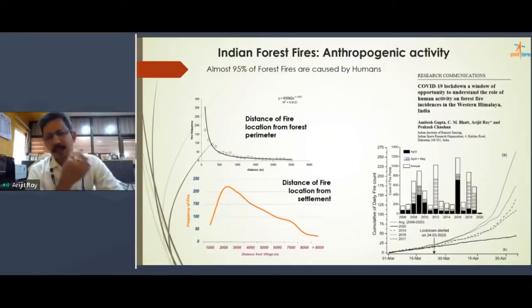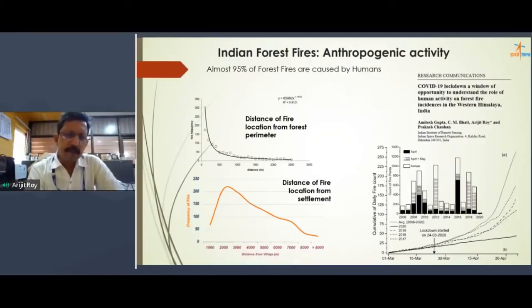Some of the studies carried out by our group have actually proved the role of anthropogenic factors in forest fires. For example, in the very initial stages, we plotted the distance of fire locations from the perimeter of the forest.